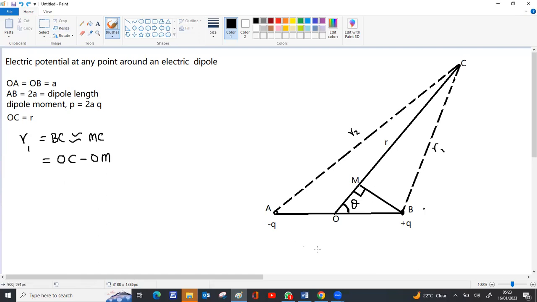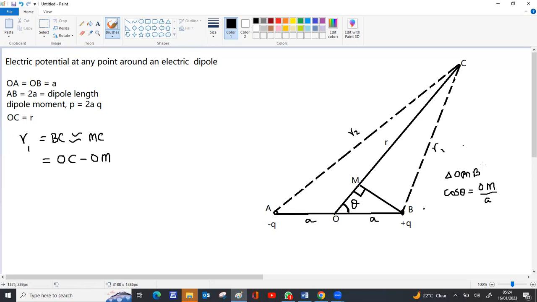Now, from triangle OMB, cos theta equals adjacent side OM by hypotenuse OB, and OB is a.